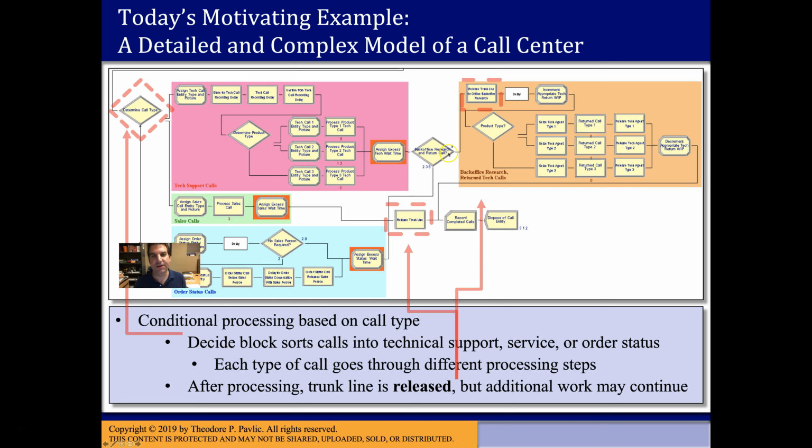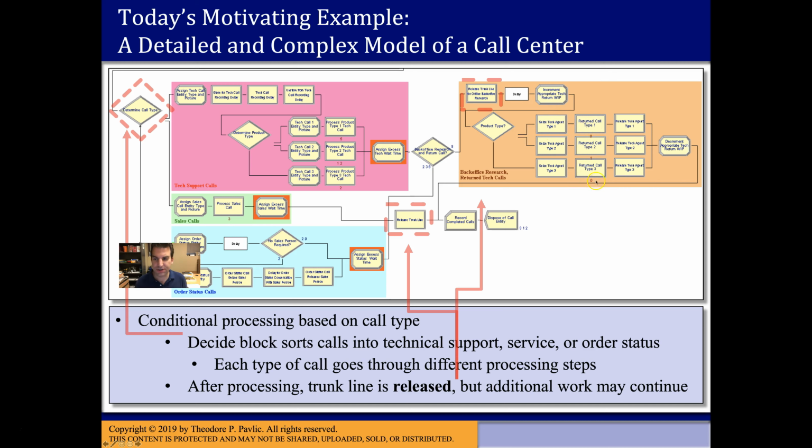So what they do here is they end up sending them into this block where we release a unit of that trunk line, and then we actually still keep the support representative busy doing the back office work. And that back office work takes a certain amount of time and then will require calling the customer back.